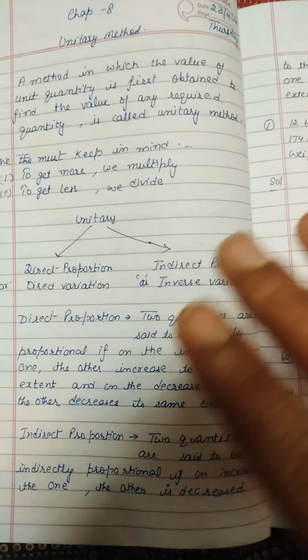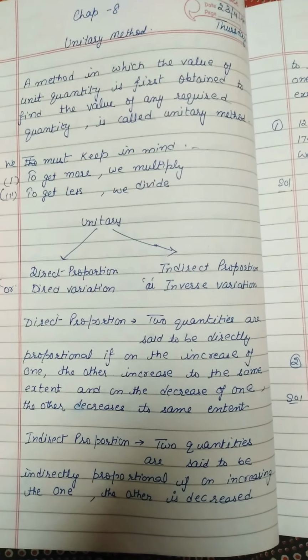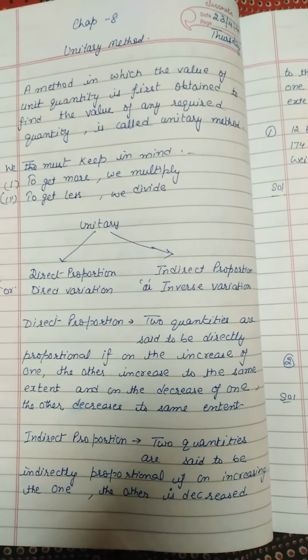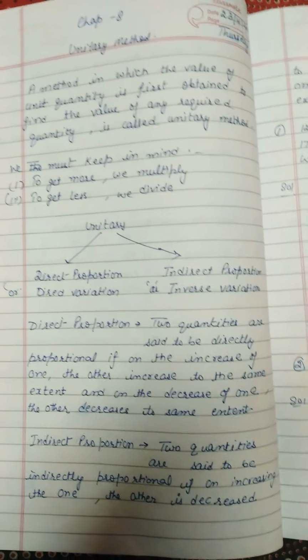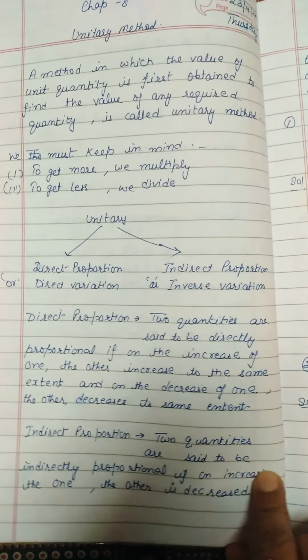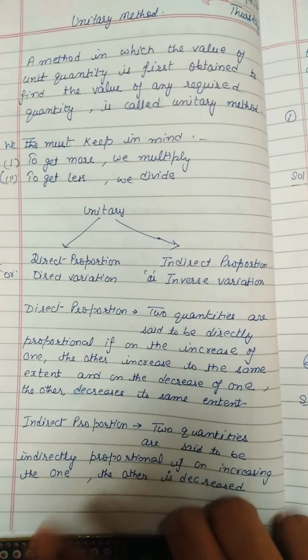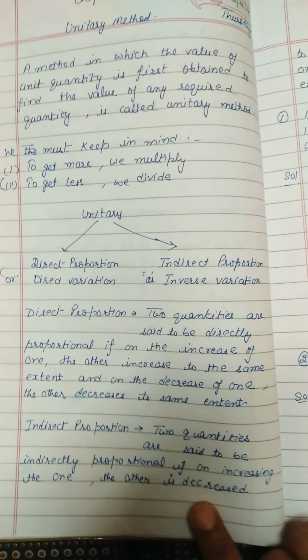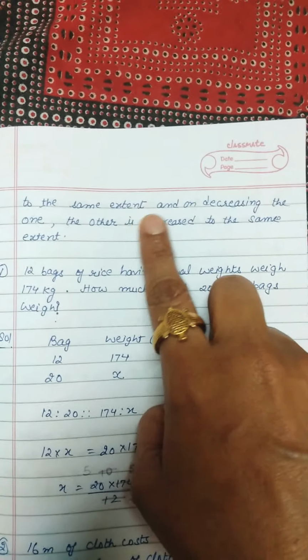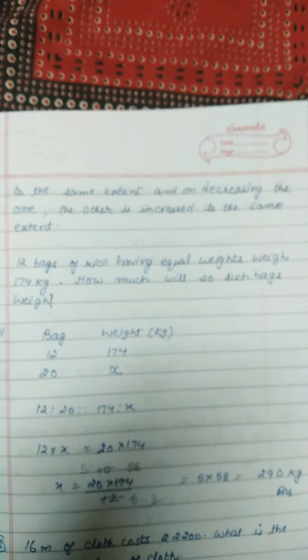It means increase of one, decrease of other; decrease of one, increase of other. That is indirect. So two quantities are said to be indirectly proportional if when one increases, the other decreases to the same extent, and when one decreases, the other increases to the same extent.